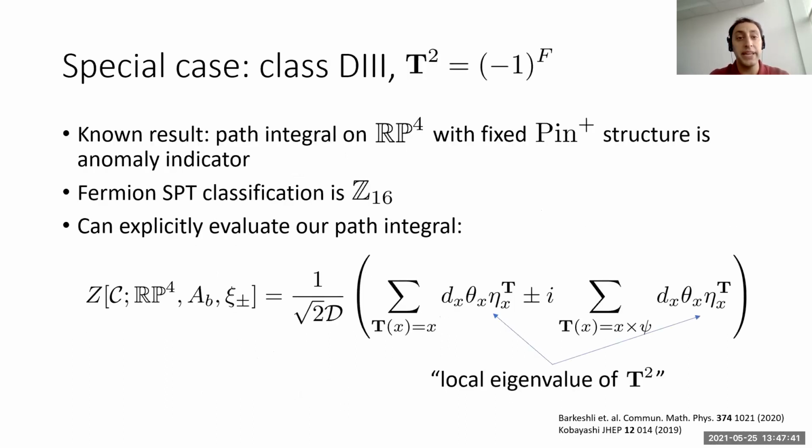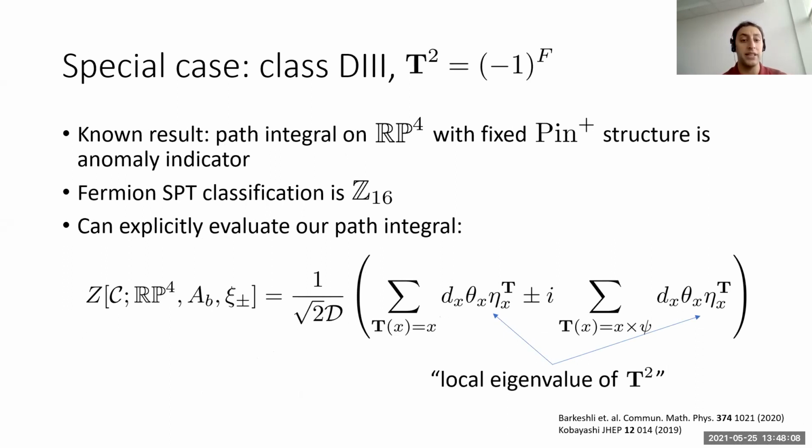mention that there's a particular special case that we're able to do, which is when time reversal squared is equal to fermion parity. So it's a known result that if I give you a 3+1 dimensional SPT in this symmetry class, the path integral on the manifold RP4 with a fixed pin plus structure is an anomaly indicator.